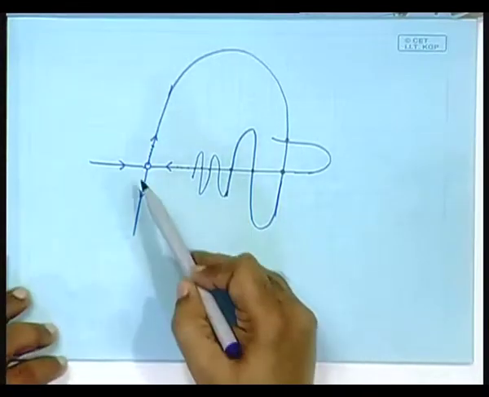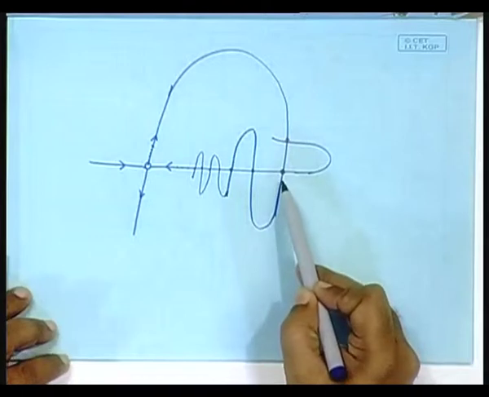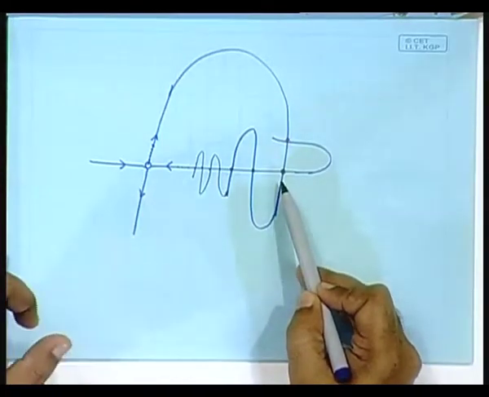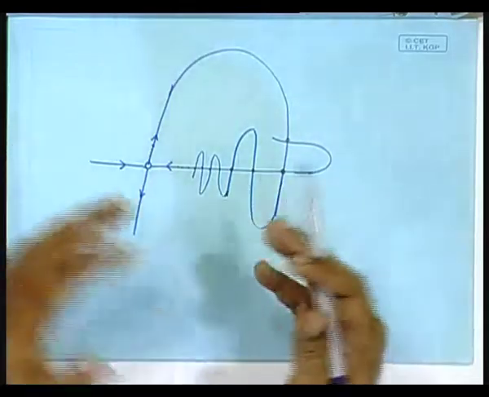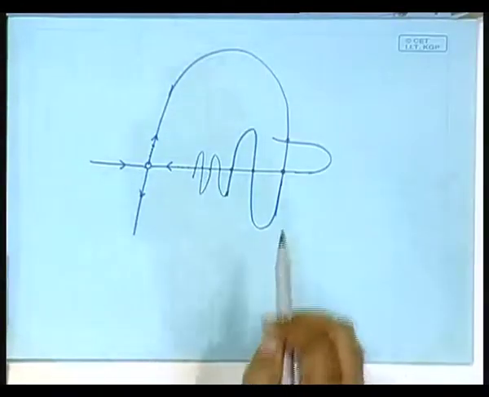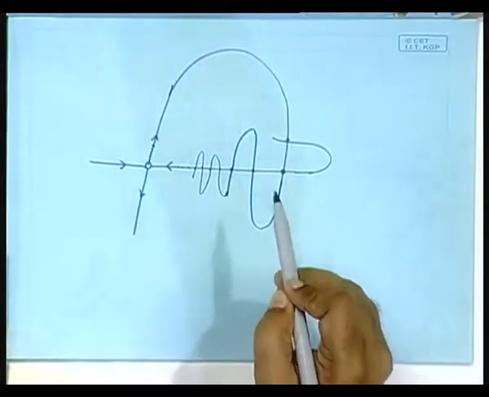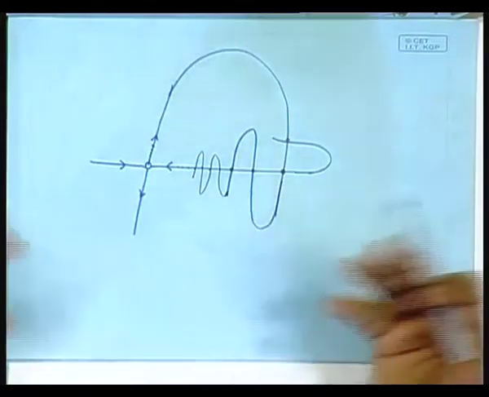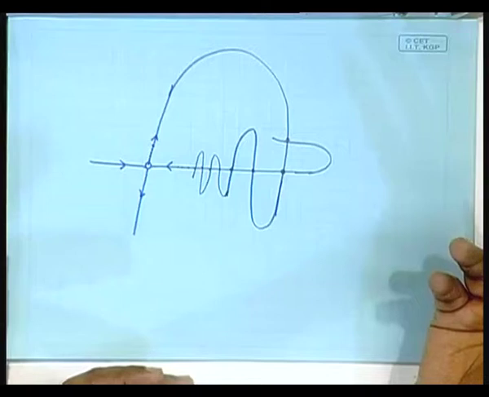So, if there is a homoclinic intersection, notice here the homoclinic intersection has a different connotation from the homoclinic intersection that you came across in continuous time dynamical systems. Here a homoclinic intersection has a very specific, definite meaning: it immediately implies the existence of a chaotic orbit, the existence of a Smale horseshoe.